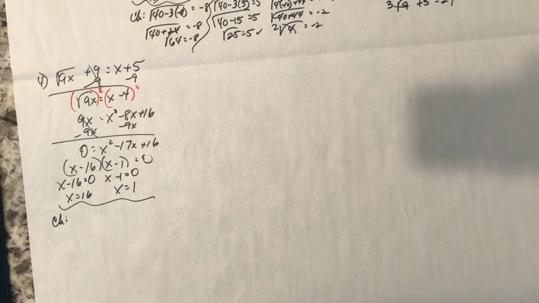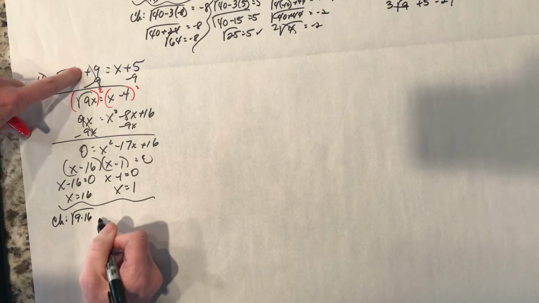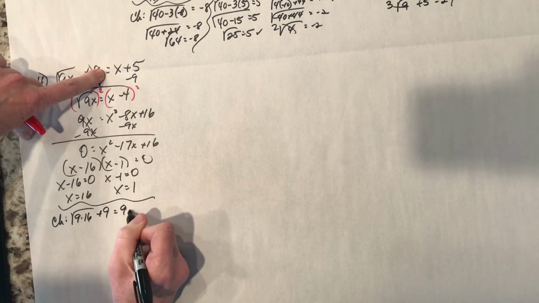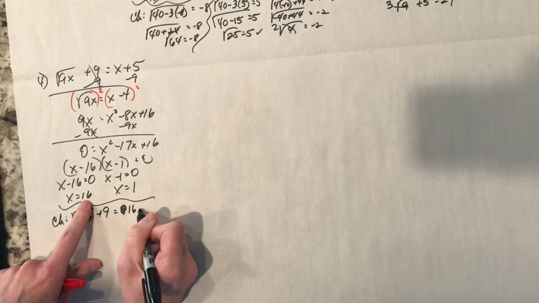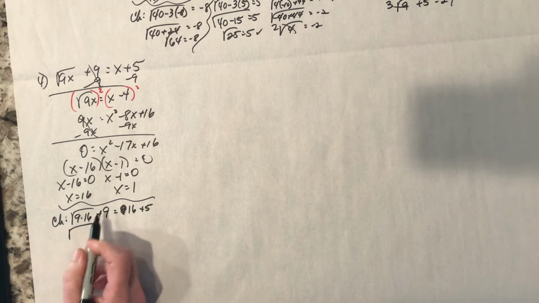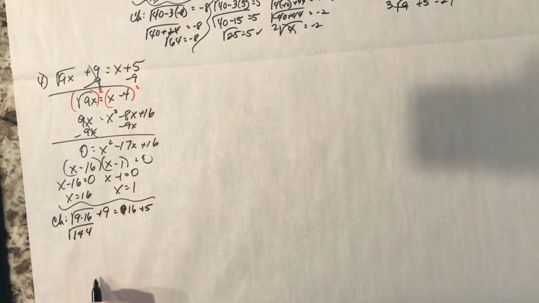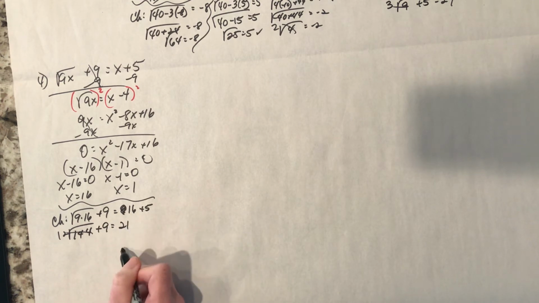Let's do 16 first. So we've got the square root of 9 times 16 plus 9 equals 16 plus 5. Okay, square root of 9 times 16, 9 times 6 is 54, carry the 5, 144, that becomes 12. 12 plus 9 equals 16 plus 5 is 21.